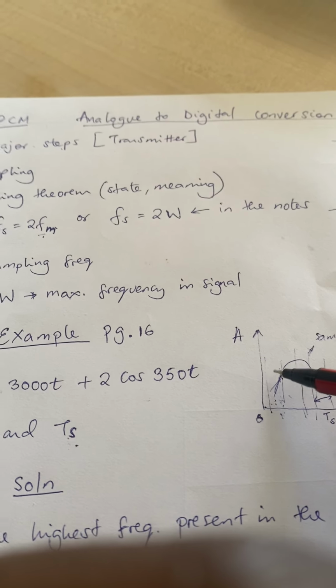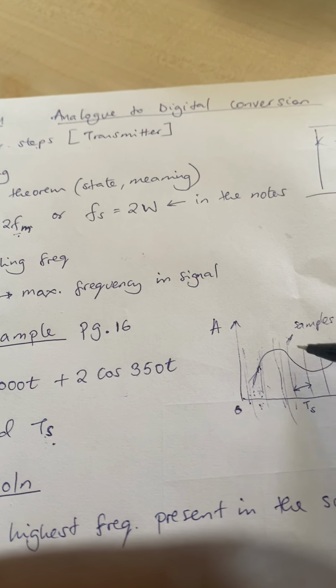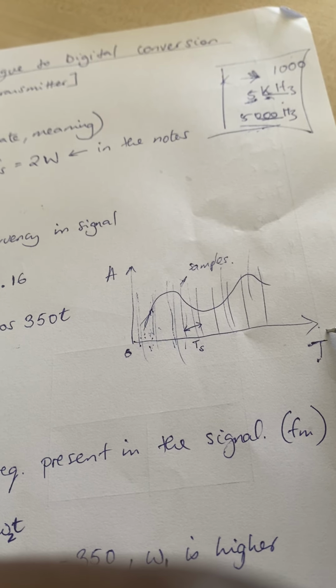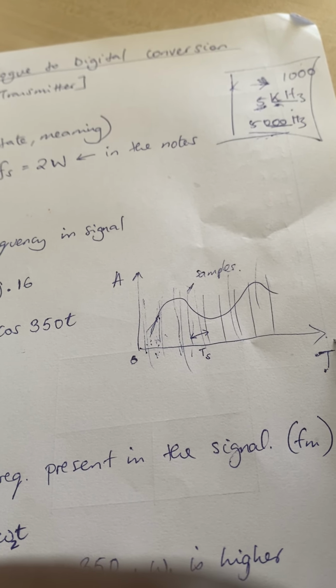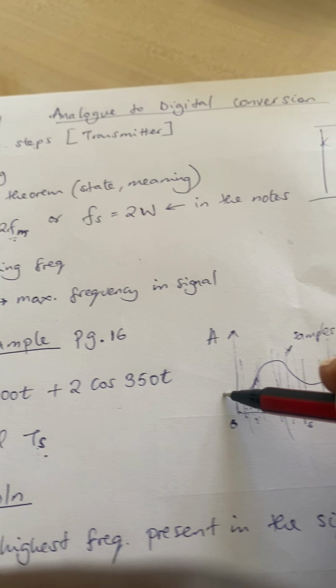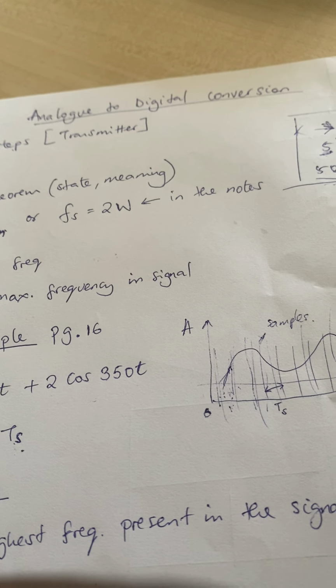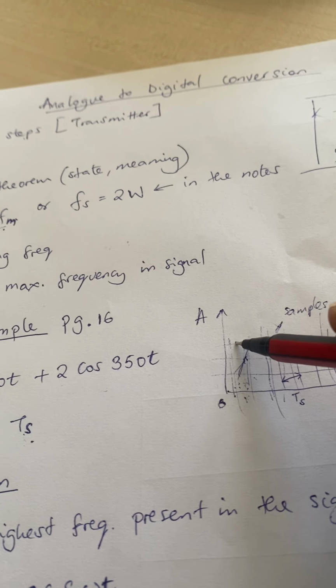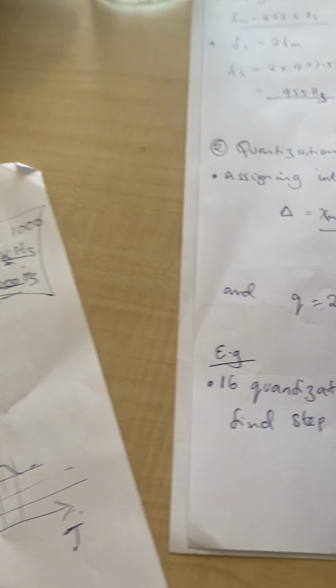So when we're sampling, I was dividing this signal in the time domain. That is for sampling. When I start the quantization, we are now concentrating on the amplitude, the y-axis of the signal.